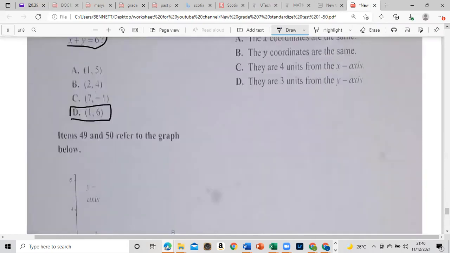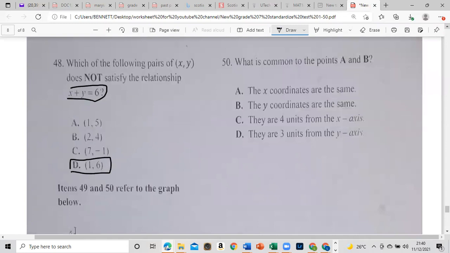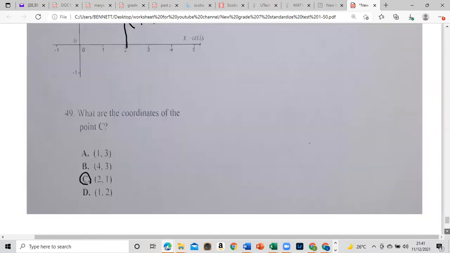Okay, so it's item 50. What is common to the points A and B? The x coordinates are the same. Let me make it small so this one is the last one.